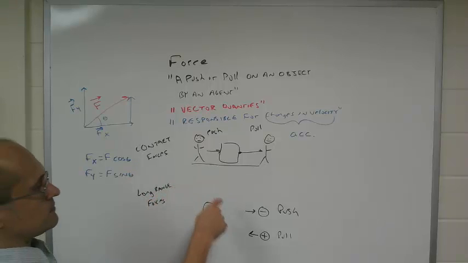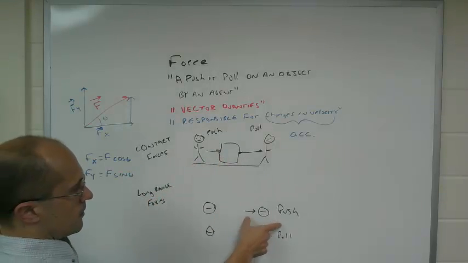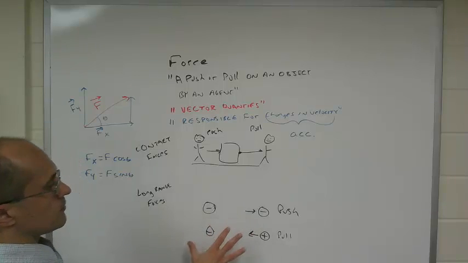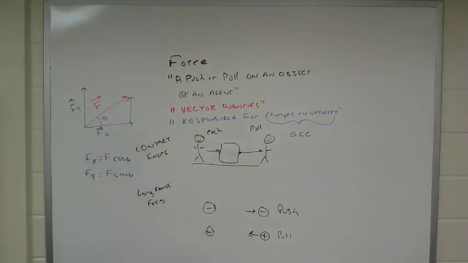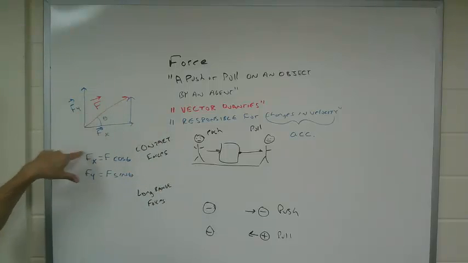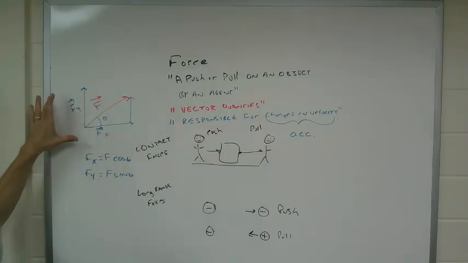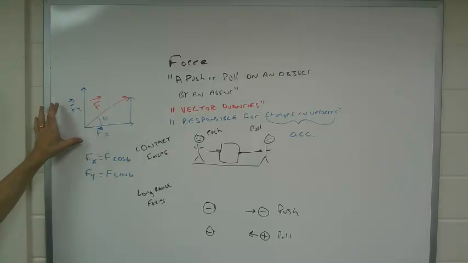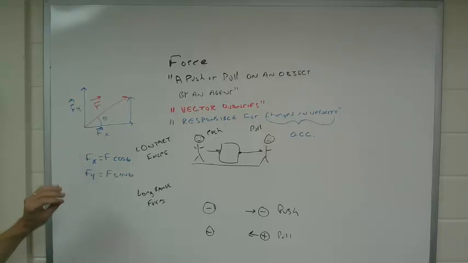Contact means direct touch, and long range is indirect, where there's no actual touching. And then we said that because of this vector quantity, we have to treat them with all our vector properties, breaking into x and y components, and then once we have our x and y components, we can study the results of the motion in the x and y directions.